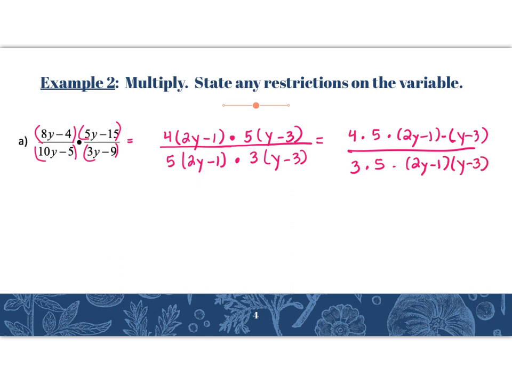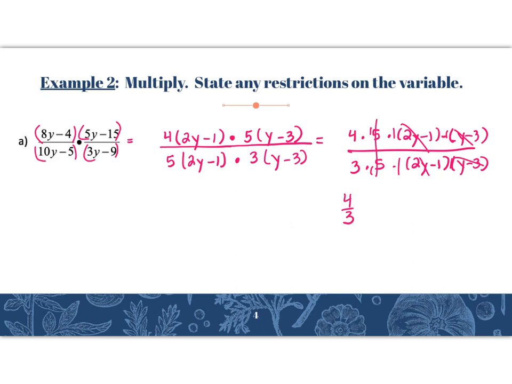And then we look for factors that we can simplify to 1. Well, 5 over 5 simplifies to 1, 2y minus 1 over 2y minus 1 simplifies to 1, and y minus 3 over y minus 3 simplifies to 1. So we're left with 4 over 3.